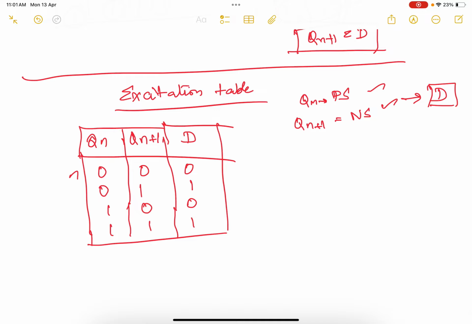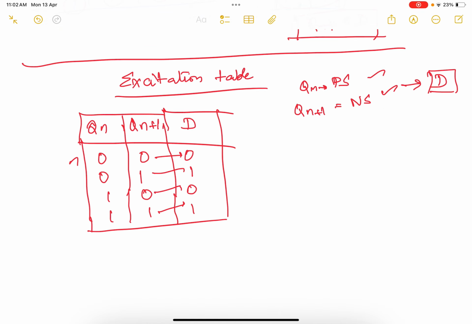Now, if you see, this is the excitation table. If you check the present state, 0 0, 0 1, 1 0 and 1 1, whatever the next state is, that is our mandatory input condition. Here, like the previous one, I can directly write the excitation table, because it depends only on this.